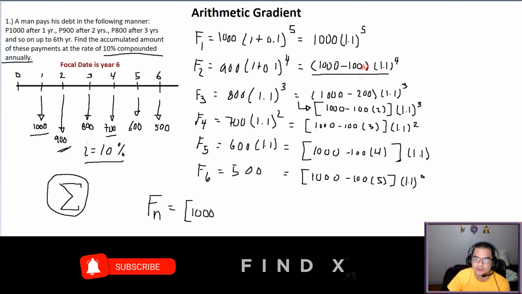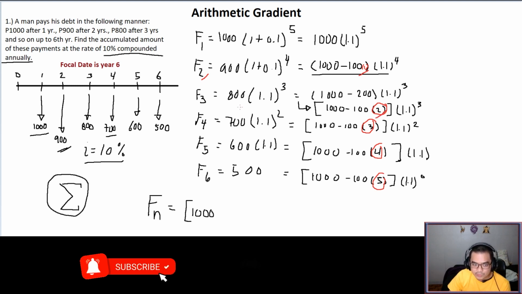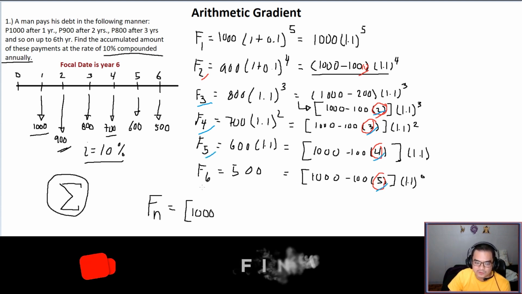We have here 1, and then this is 2, this is 3, this is 4, and this is 5. As you can see, if this is 1, this is 2. And if this is 2, this is 3. If this is 3, this is 4. If this is 4, this is 5. And finally, if this is 5, this will be 6.